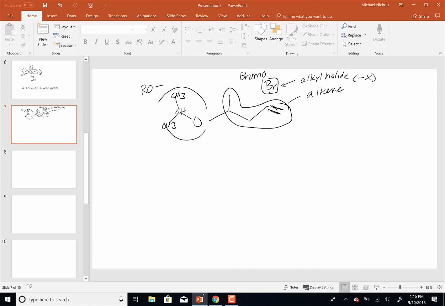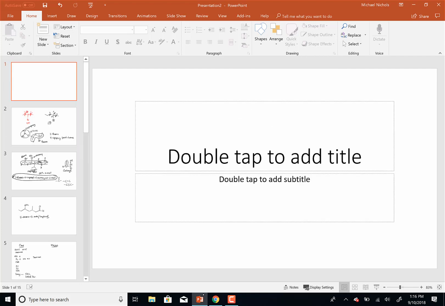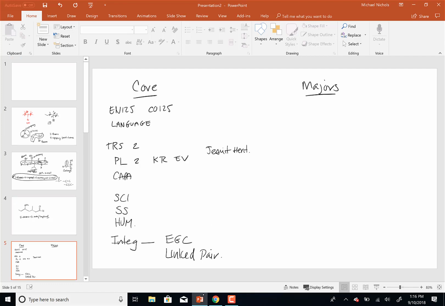So what kind of alkoxy group is that? Isopropoxy. But isopropyl is the alkyl group, so this is an isopropoxy group.